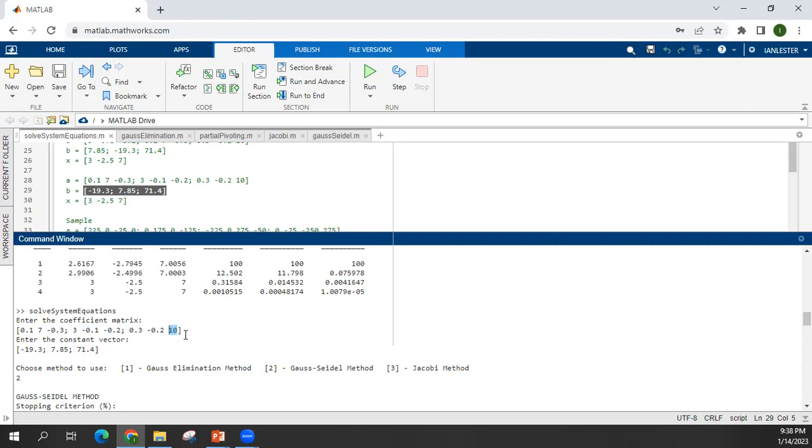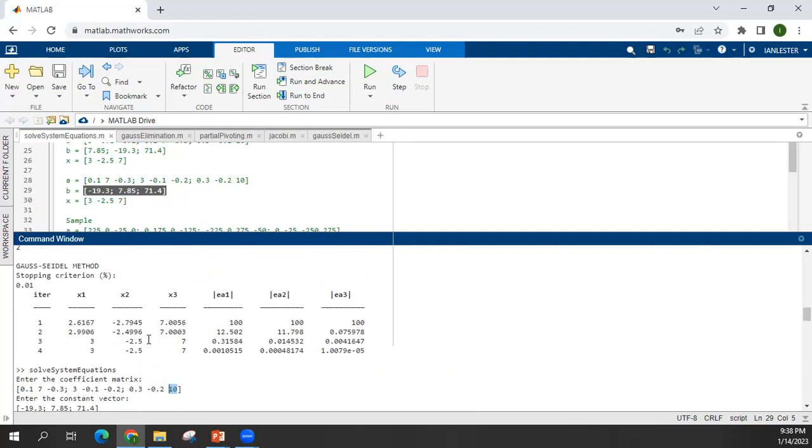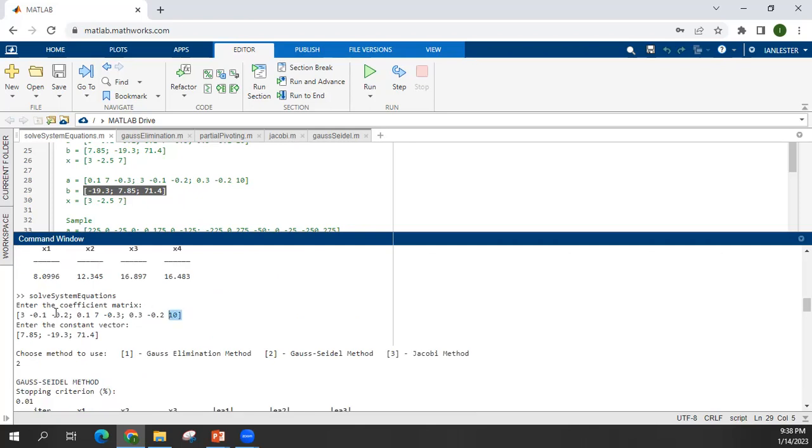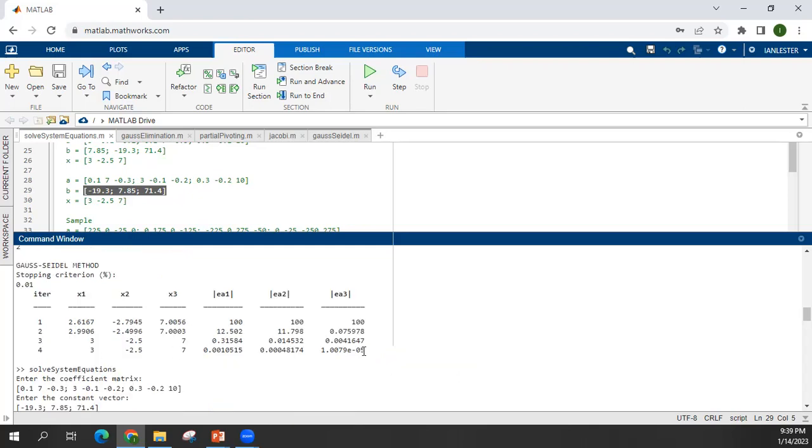If you check the previous matrix, it is diagonally dominant: A11 is 3, A22 is 7, also greater than the other two, and A33 is 10. So that's why Gauss-Seidel was able to converge.